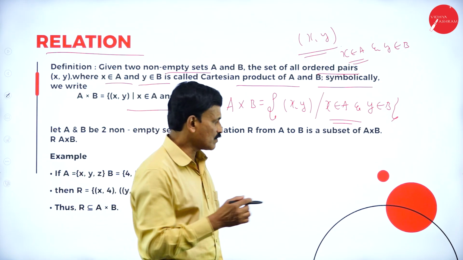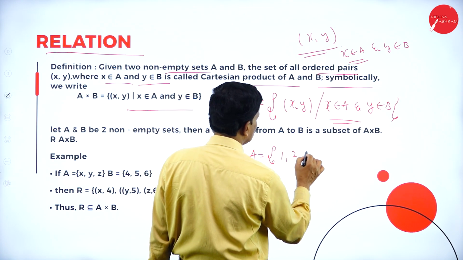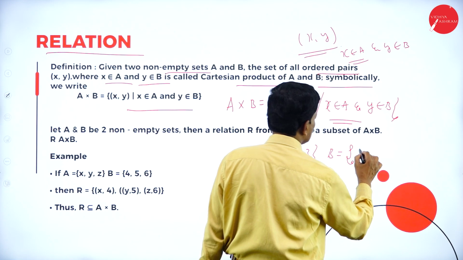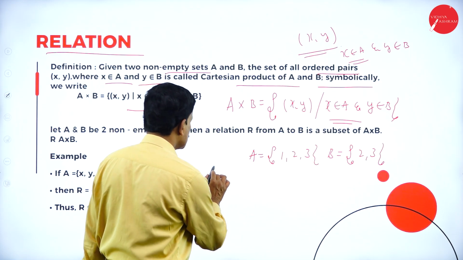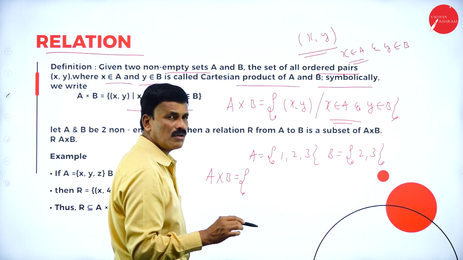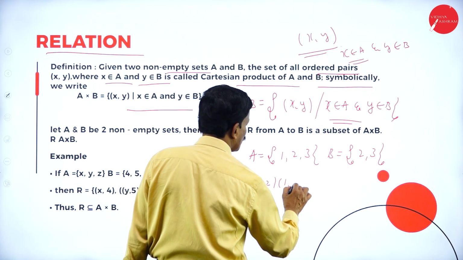Now let us consider one example. Let A be equal to {1, 2, 3} and another set B be equal to {2, 3}. Then the Cartesian product of these two sets, A cross B, is the set of all ordered pairs. Let us take the first element: (1, 2), (1, 3).